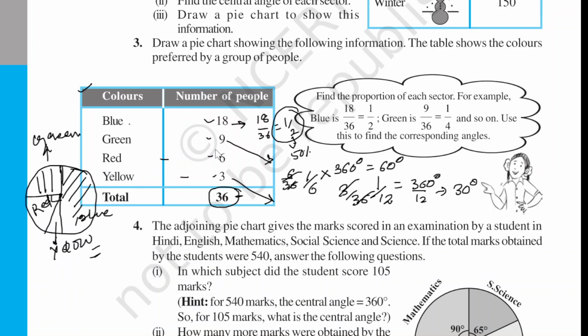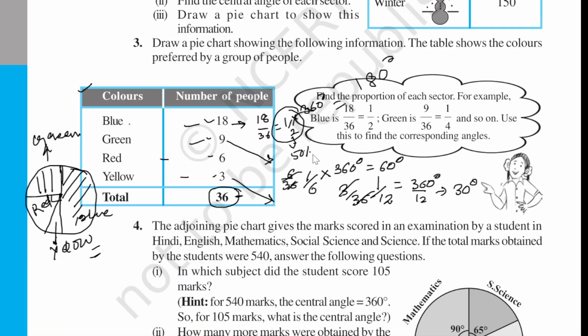For blue and green, you didn't even calculate the central angle. But if we go through the basic rules at a more basic level, first we have to find the central angle for each. For blue, in terms of proportion, the sector is 1/2, so we just multiply by 360 degrees. We found 180 degrees here.